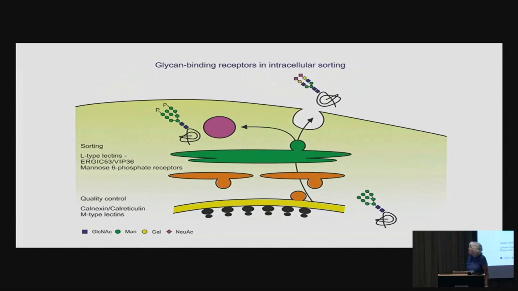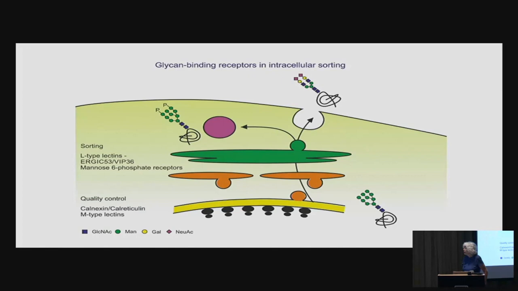But intracellular glycan-binding proteins can also recognize endogenous glycans. So the glycans that are present on newly synthesized glycoproteins, these high mannose type structures, are recognized by calnexin and calreticulin, which take part in a quality control system for protein folding in the ER.